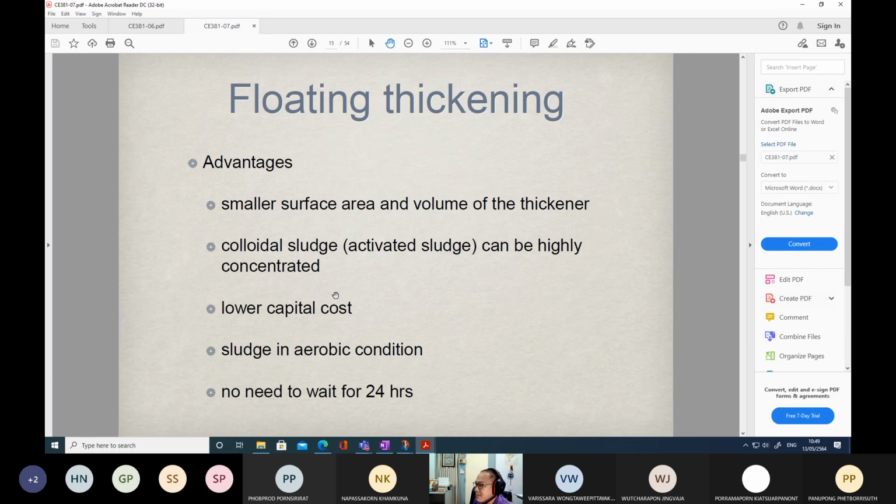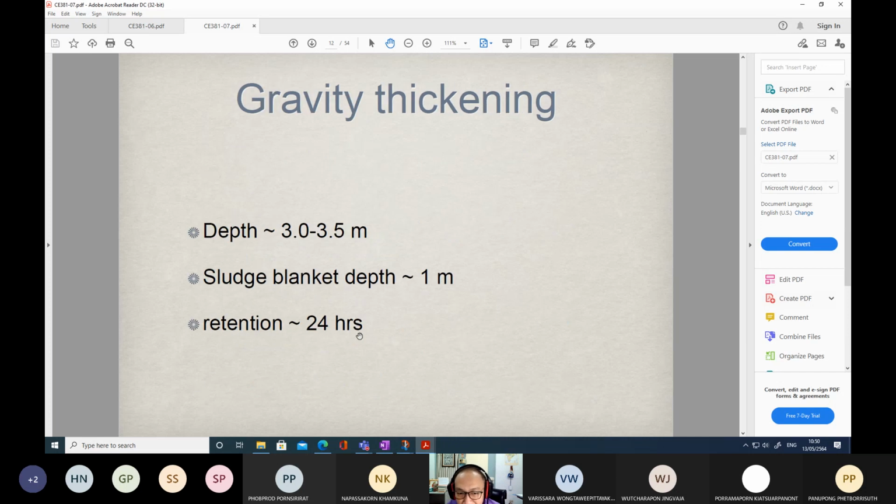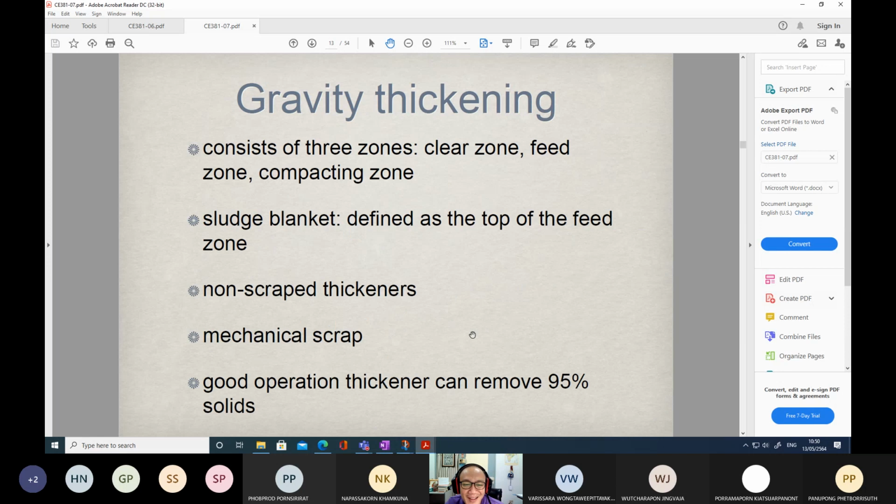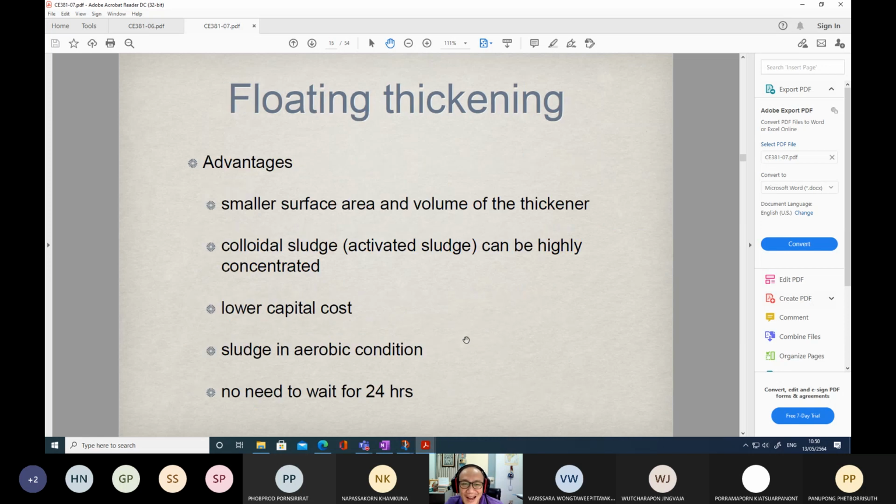So there will not be any smell generated. But if you keep the sludge in thickeners like this, and stand just beside the thickener, you will experience some unpleasant smell. But if we aerate and keep air inside the chamber like flotation thickening, there will not be any smell.